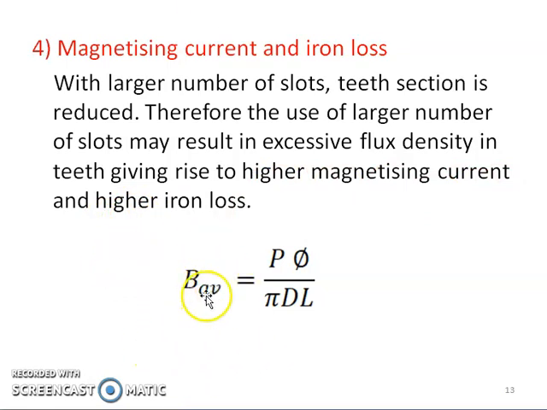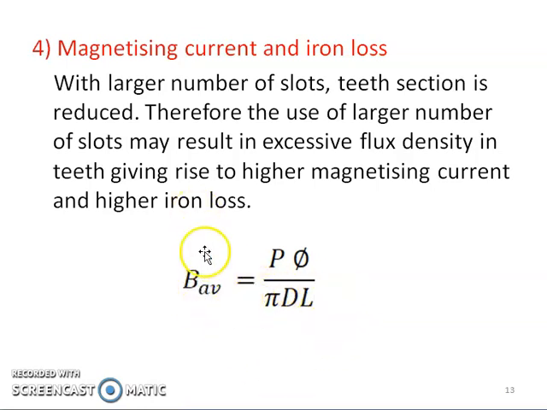Specific magnetic loading B average is given by pΦ by πDL. If the teeth section decreases for a given size of the machine, if the area at the teeth section decreases, then flux density will increase.